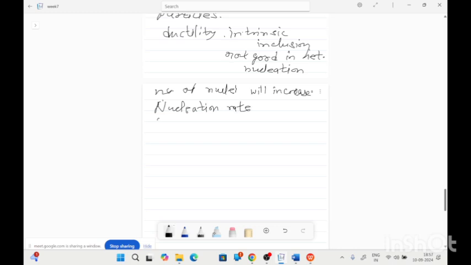There are two terms: one is the nucleation rate, the second is the growth rate. In the solidification process, if the nucleation rate dominates, then we will get fine grain size, and if the growth rate dominates, then we will get coarse grains.